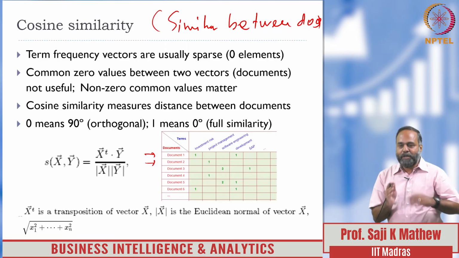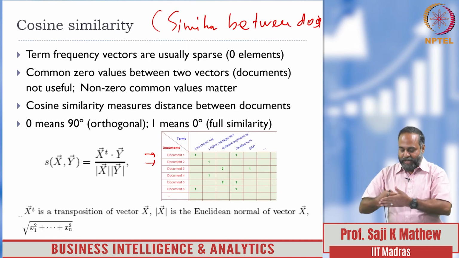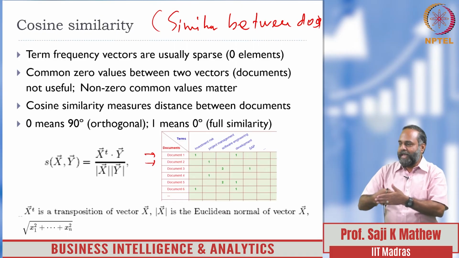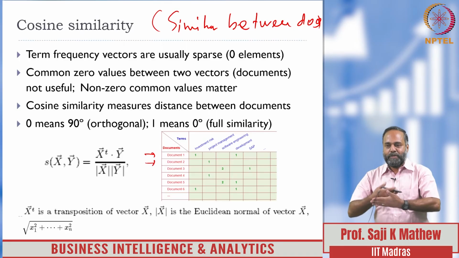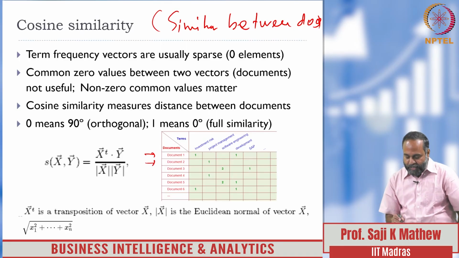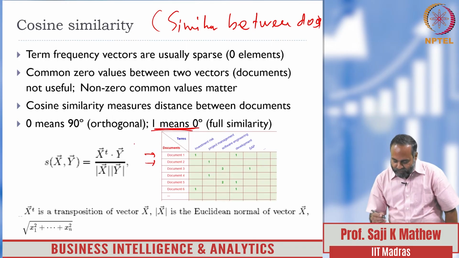So, 100% similarity technically should mean they are actually in the same plane. They are horizontal. Horizontal means the angle between them should be 0. The cosine similarity actually means, sorry, where am I going?